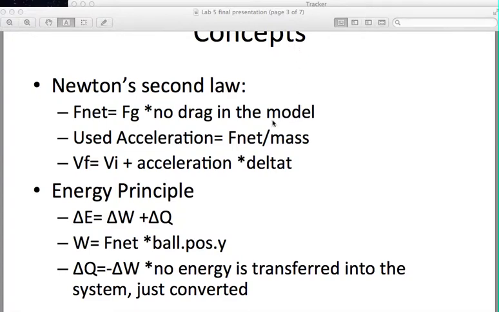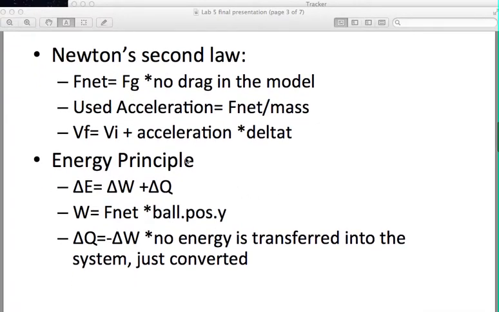So I used acceleration equals F net divided by mass, or Newton's second law, in order to find the velocity, and then also update the position in order to properly track the ball.